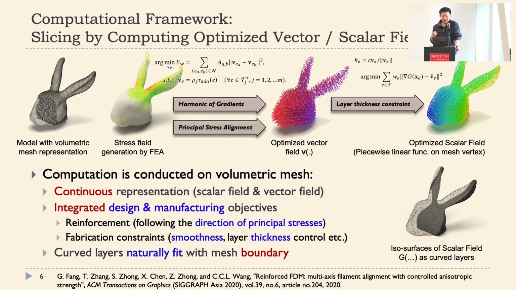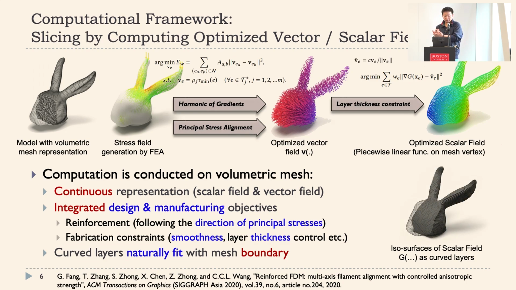If you directly calculate the vector field inside, it causes a lot of problems: highly nonlinear objective functions which are hard to converge during the numerical computation. So we decompose the whole thing into two levels of optimization. First, we generate a vector field which is orthogonal to the direction you wish to generate.